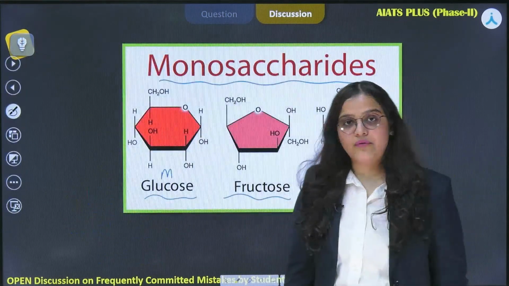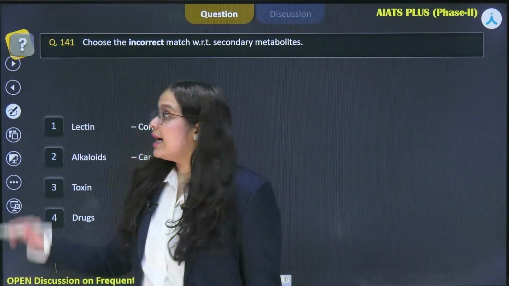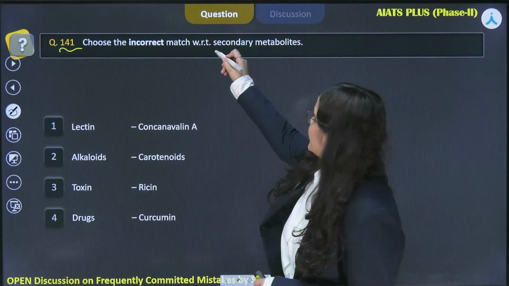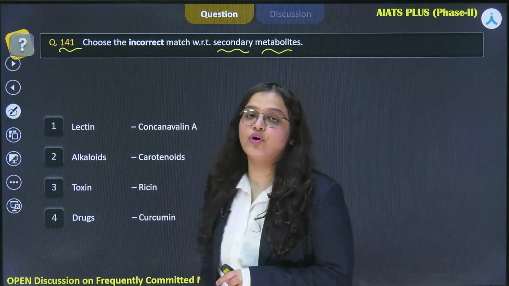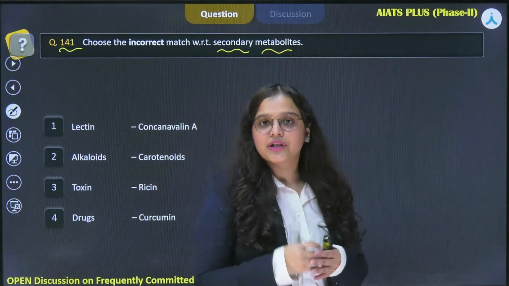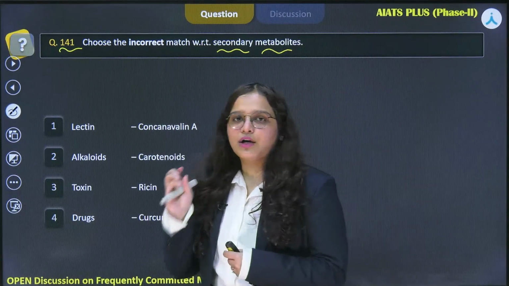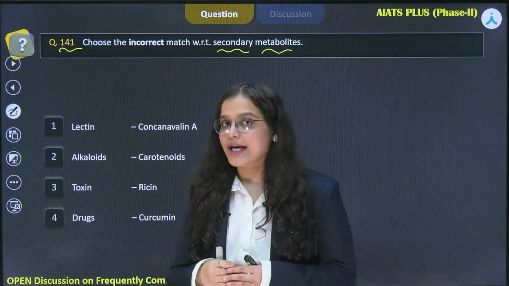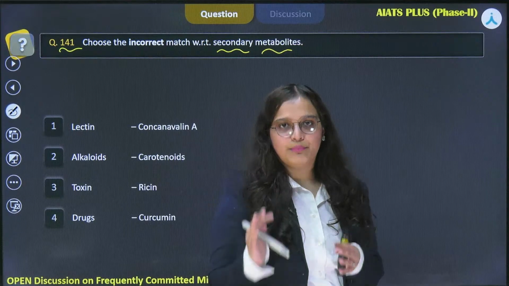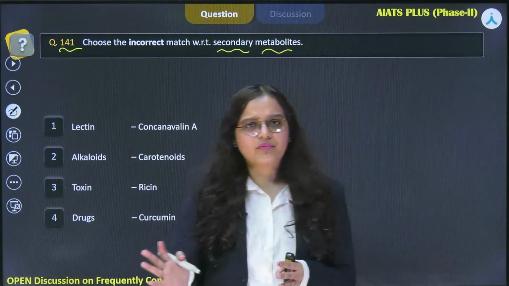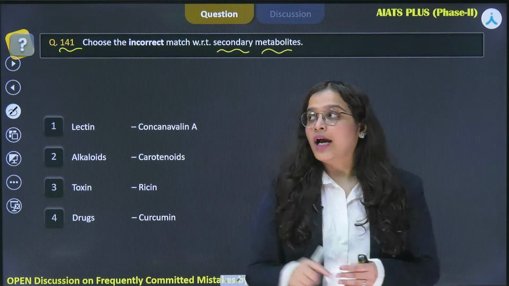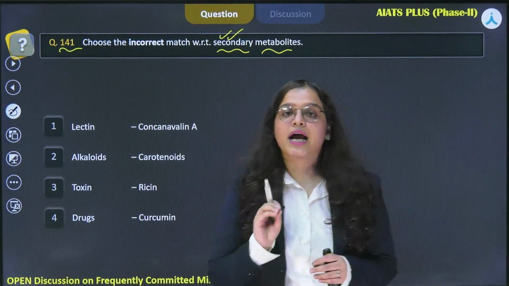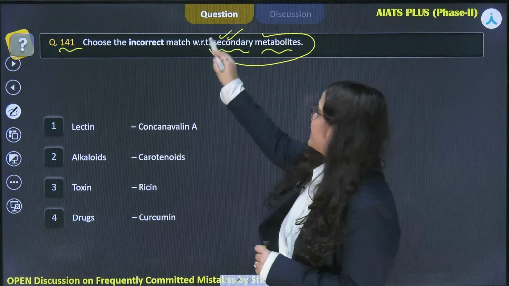Now quickly moving on to our next question, and again it pertains to the chapter of biomolecules, and I can see that it is from the concept of secondary metabolites. So dear students, you may feel that this particular topic from the biomolecule chapter is not important, but our general analysis tells that in every paper of NEET exam right from 2015 onwards, each question of biomolecules has a component of secondary metabolite.